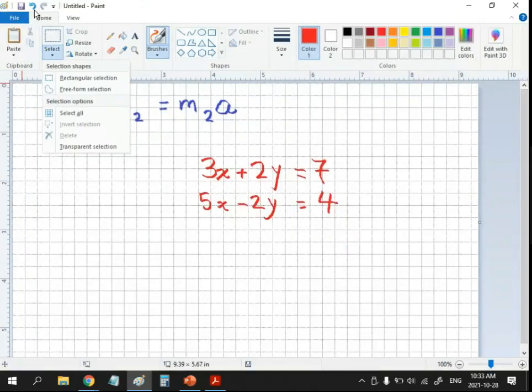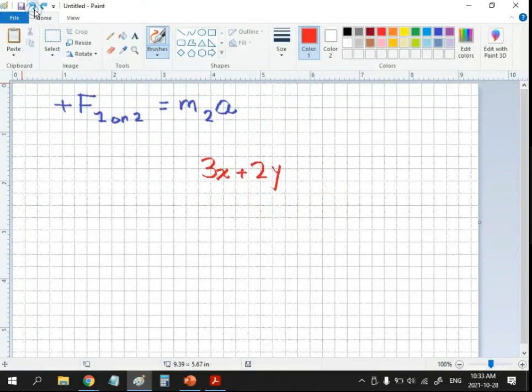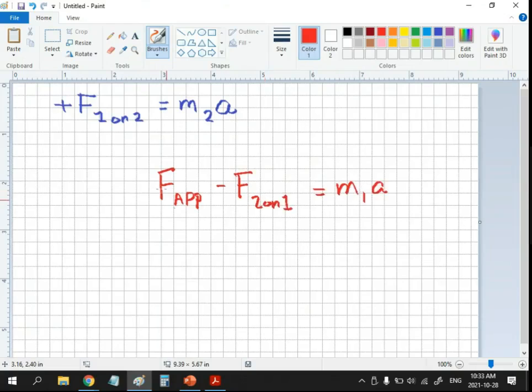I'm gonna undo. What was the first equation from card number 1? F applied minus F2 on 1. And then we have what?